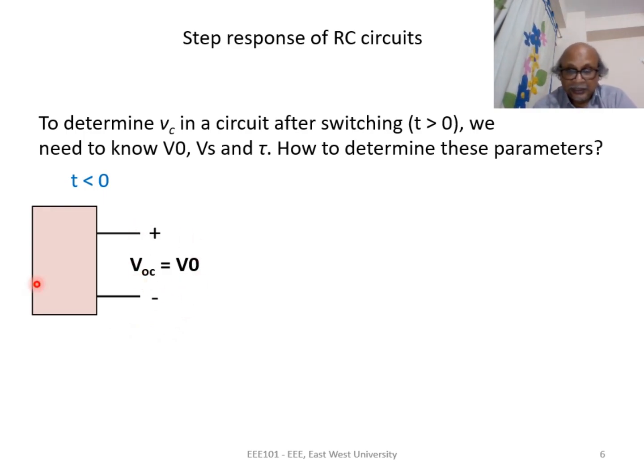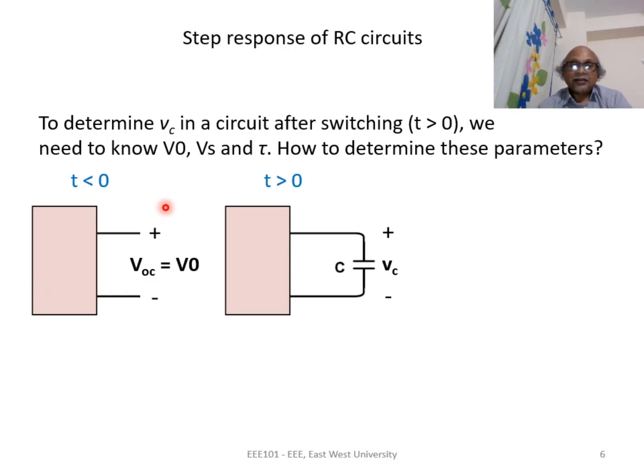To find the final value, we again treat the capacitor as an open circuit because now we are looking at a time which is greater than 5 tau. But this is t greater than 0. So to find Vs, we look at the circuit for t greater than 0. Treat the capacitor as an open circuit, find the open circuit voltage.